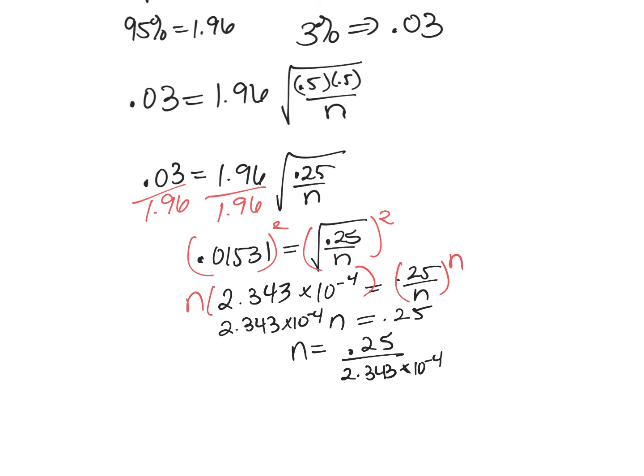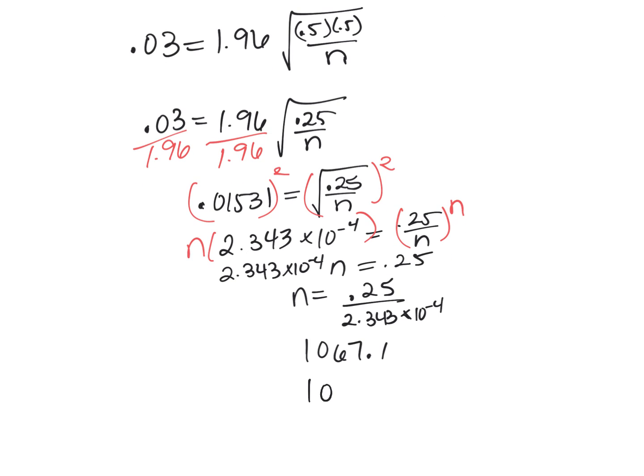And then divide by the 2.343 times 10 to the negative 4. And so 0.25 divided by my answer in my calculator is 1067.1. So 1068. It doesn't matter how small that decimal is. It could be 0.0001 and you are still going to round up.